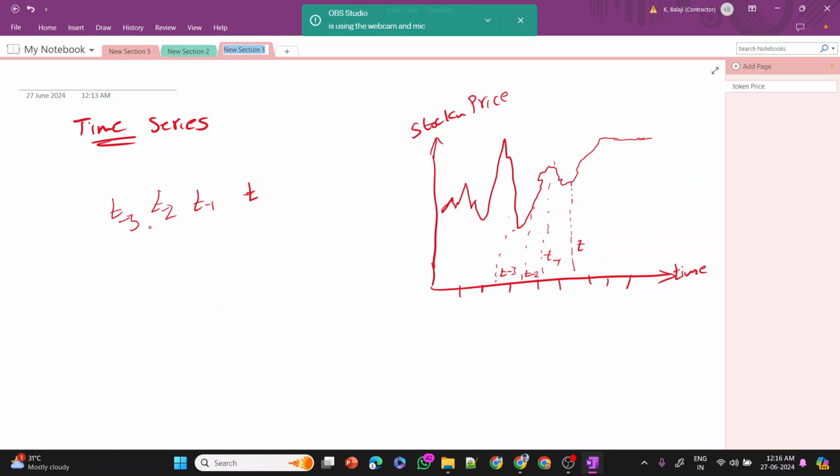So depending upon the previous time period, we can find what was the price of the stock for the current time period. Time series algorithms specifically handle the data where temporal order matters.